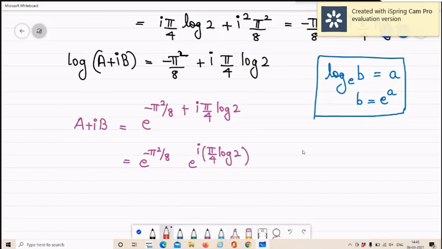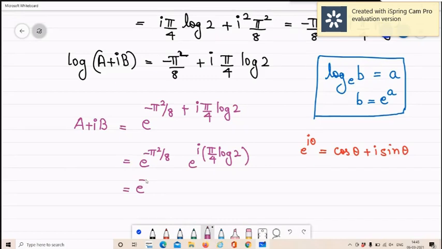Now what will happen? Again, a very important formula. I kept on telling since the time I introduced this formula to you. E raised to I theta is cos theta plus I sin theta. So what are we going to write here?